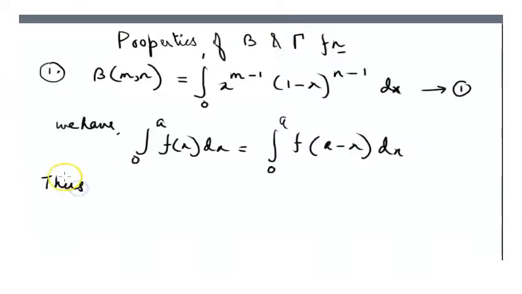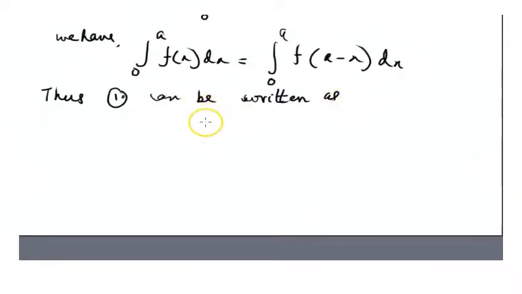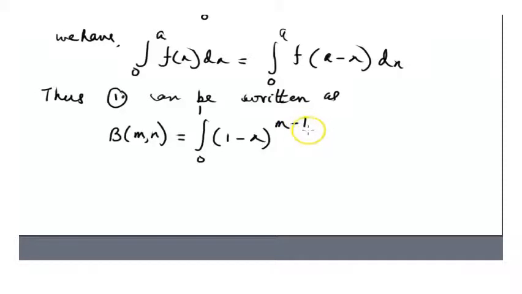Thus 1 can be written as beta m comma n, which is equal to the integral from 0 to 1 of 1 minus x the whole to the power m minus 1 into, see what I substituted here, instead of x I substituted a minus x.